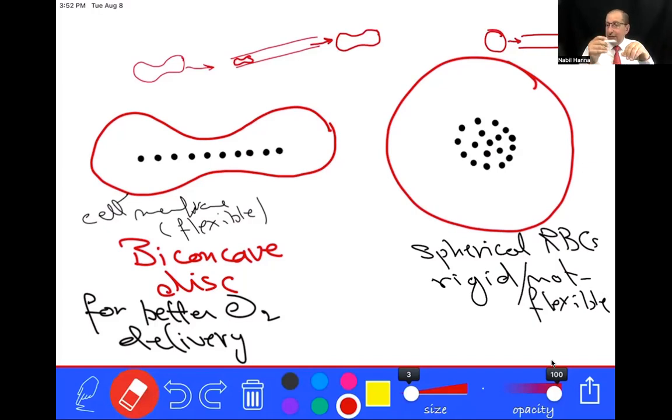And this hemolytic anemia is characterized by spherical red blood cells. So we call it congenital or hereditary spherocytosis.